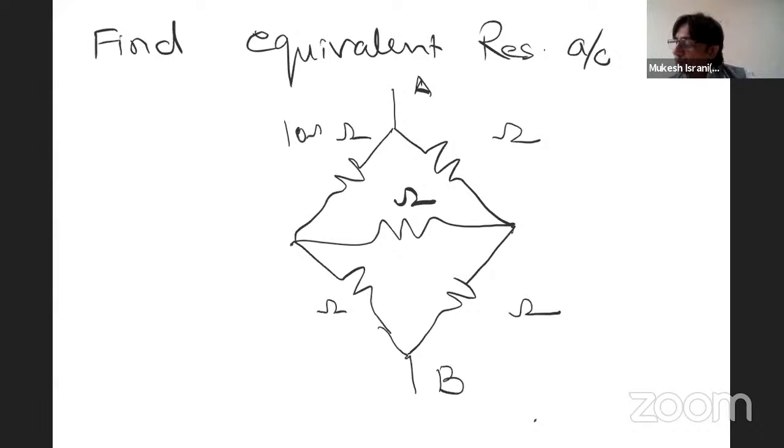This is 10 ohm. This is 15 ohm. This is 20 ohm. This is 10 ohm. And this is 5. Now, can anybody solve it?